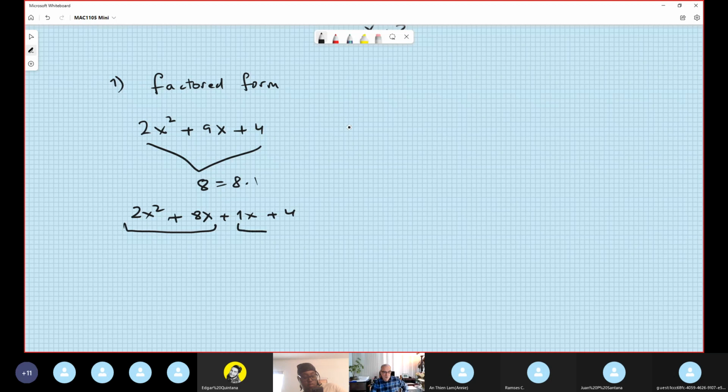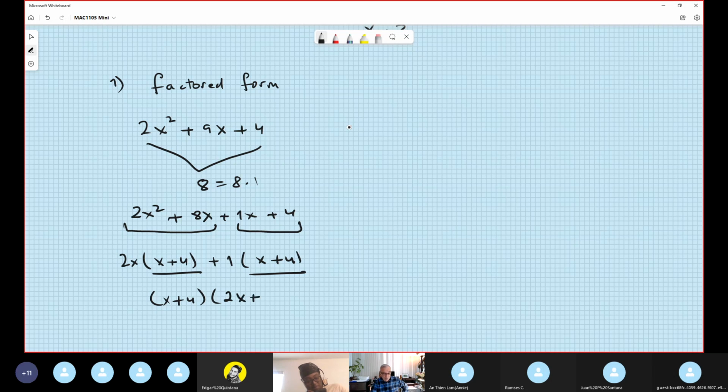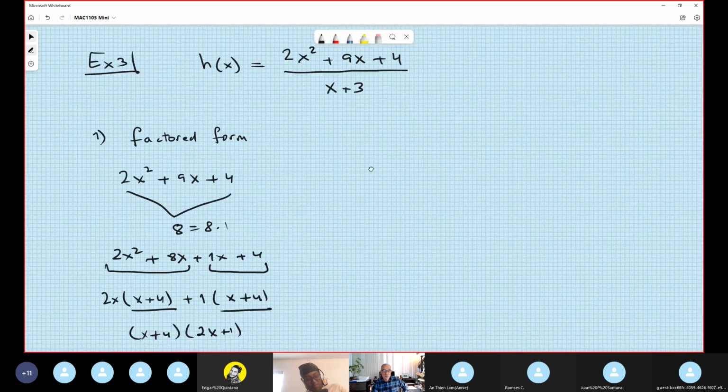Now here, factorization by grouping. The greatest common factor in the first couple is 2x, so it's x plus 4. The greatest common factor in the second couple is nothing, and nothing is 1, times x plus 4. I can see clearly the x plus 4 factor is common. I factor out, and inside the next parenthesis I get the last one, 2x plus 1. Okay, I did the factorization of the top part.